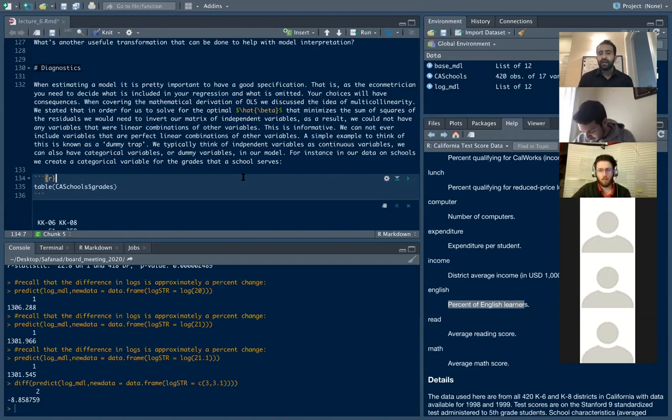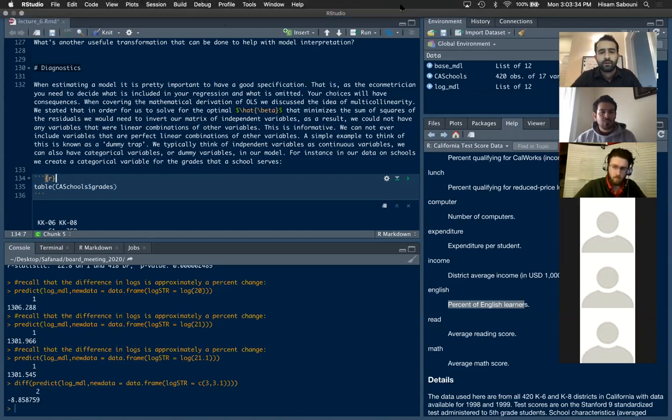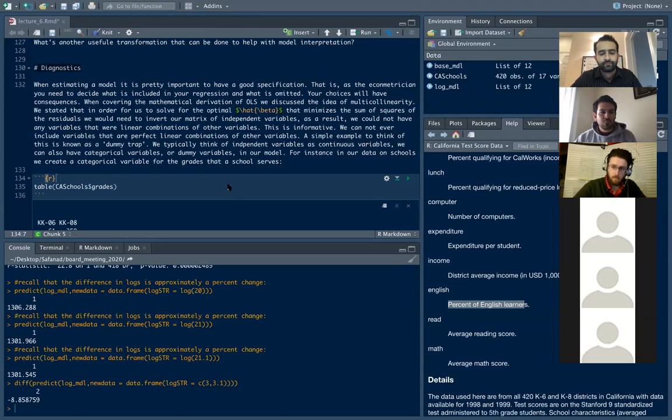Now, the easiest way to see this actually is through categorical variables. A categorical variable, or more plainly, a dummy variable, is a way of representing categories inside of a regression. Let's say I'm dealing with some data and I want to control for cats and dogs inside of my model. Let's say I'm trying to predict something like the weight of an animal.